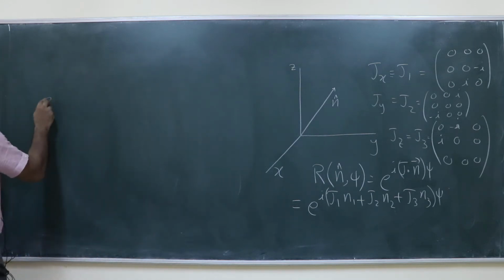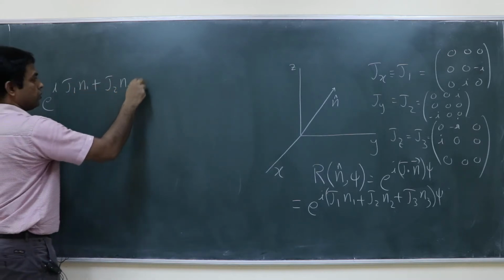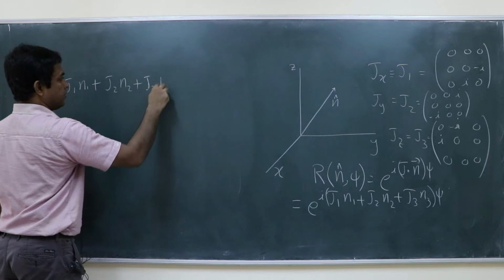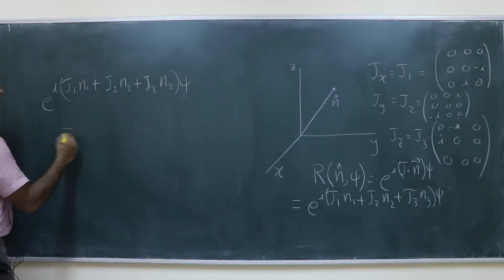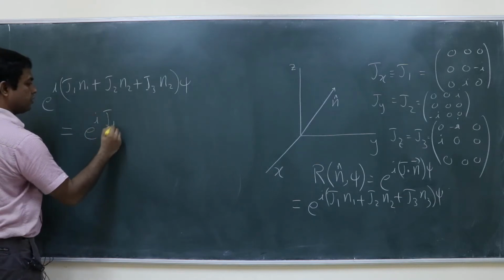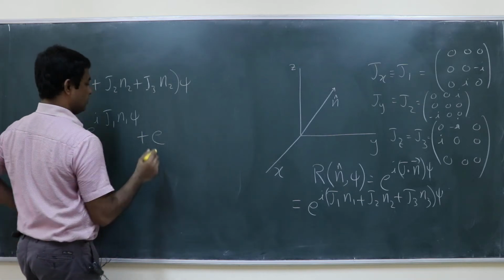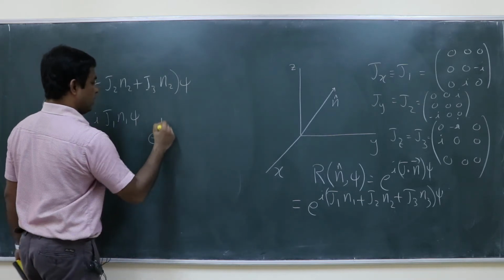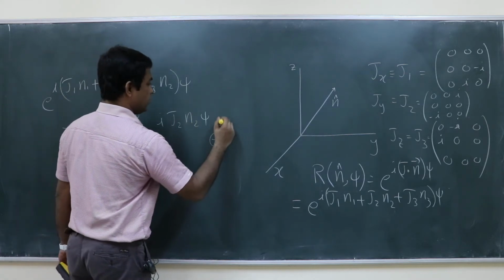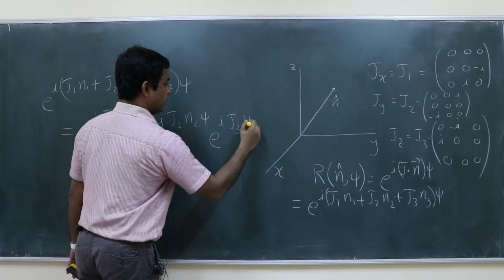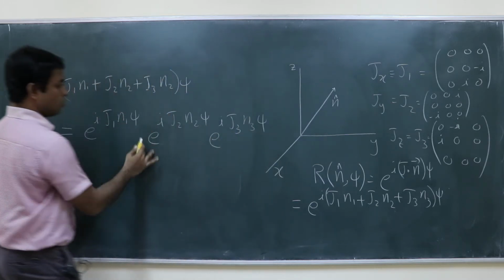Now, is e to the power i (J1 n1 plus J2 n2 plus J3 n3) equal to e to the power i J1 n1 psi times e to the power i J2 n2 psi times e to the power i J3 n3 psi?